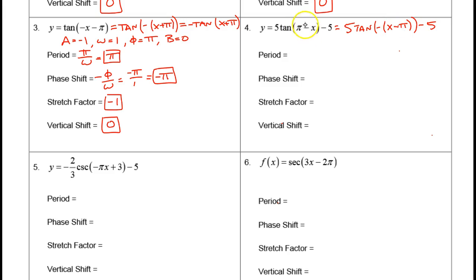So if I switch this around so it's -x plus pi, then I factor out a negative sign, I'm going to get this. From there, I can get rid of this negative sign and write it out in front of the 5. Okay, so we have -5 times tangent of x minus pi, all minus 5. We'll clean this up a little bit for you and then go to work.